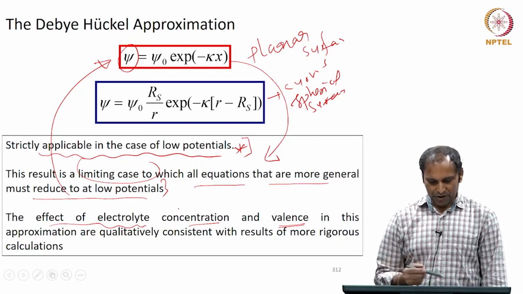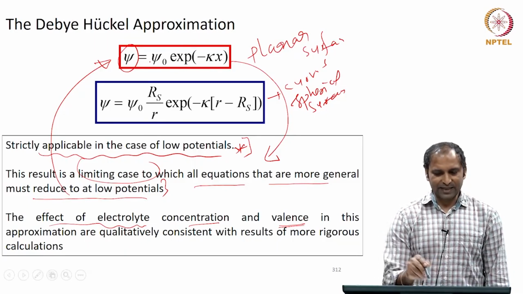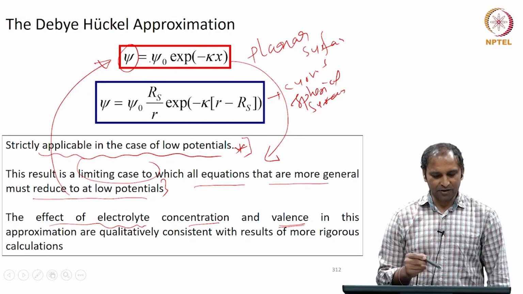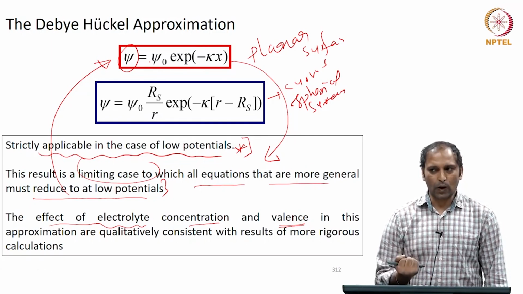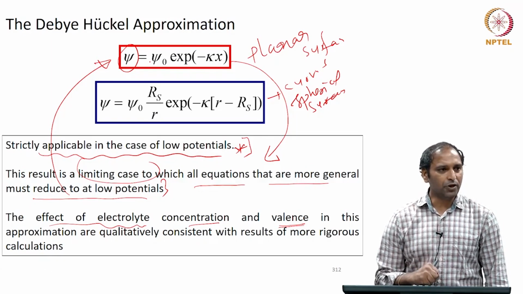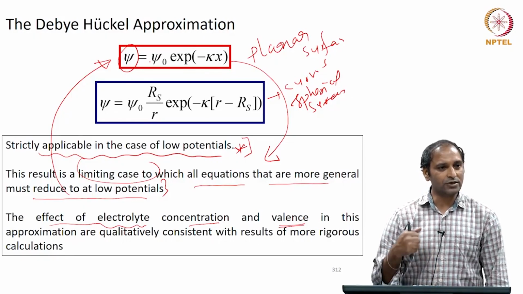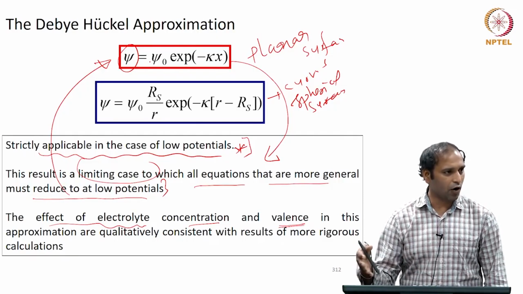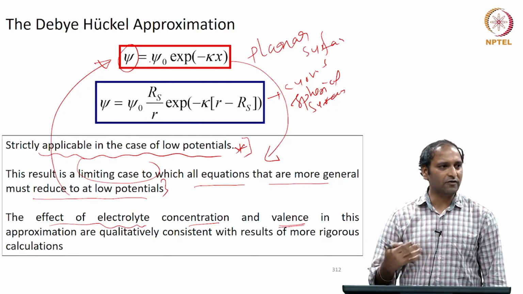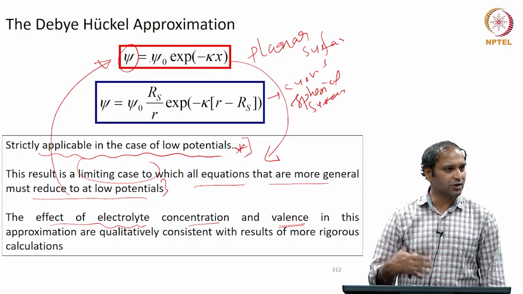Let me put it this way. These expressions capture the fact that psi varies in a particular way when the concentration of electrolyte in the solution changes, or when the valency of ions in the solution changes.